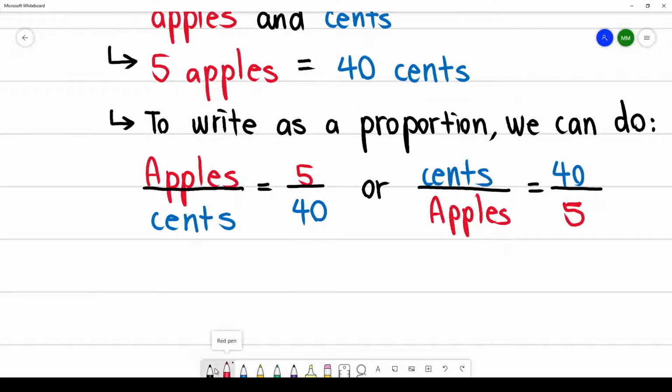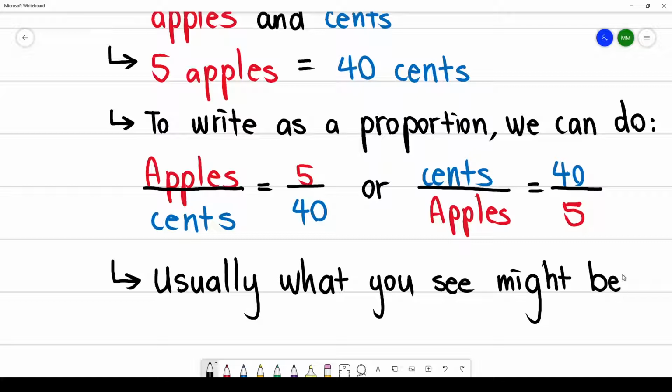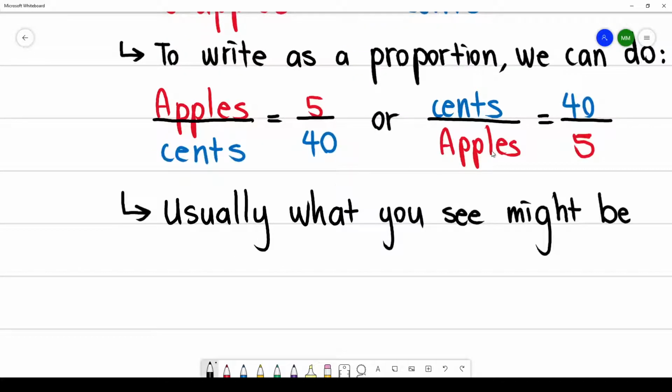Usually in the supermarket, you won't see 40 cents for 5 apples. For this one, 40 cents over 5 apples, I can reduce this.